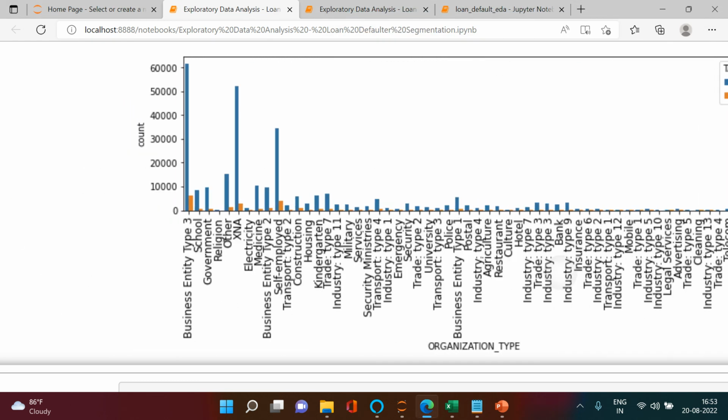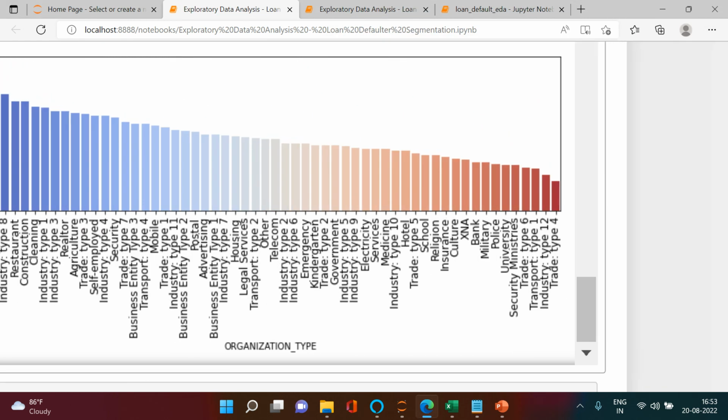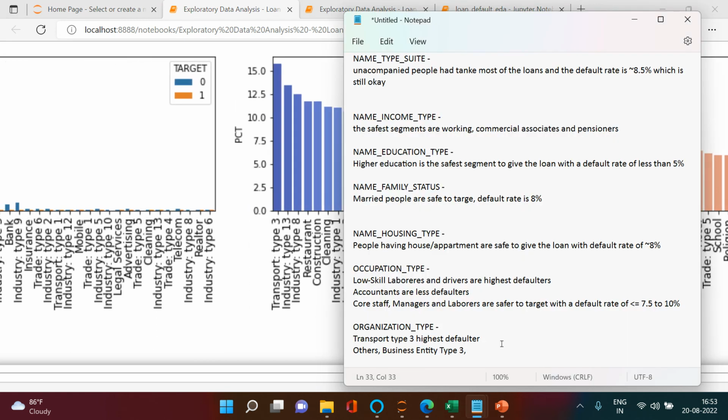Self-employed was also okay, but still has a higher default rate, because people try their business, and if that fails, the loan also fails. These are good to go with, with a default rate around 10%.